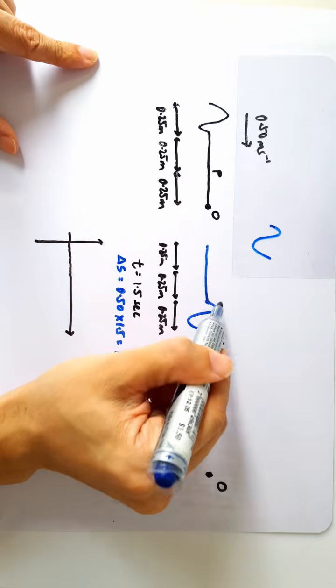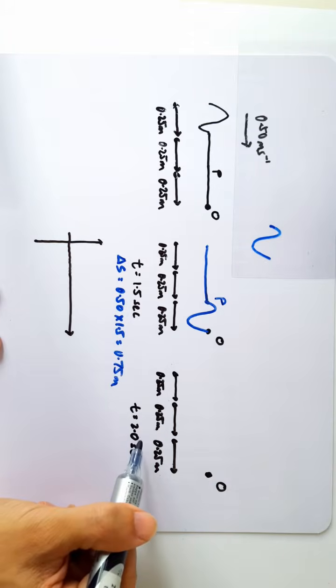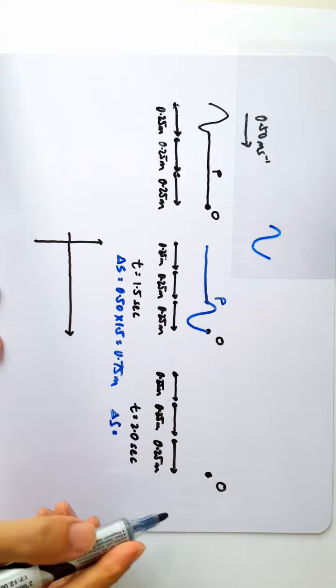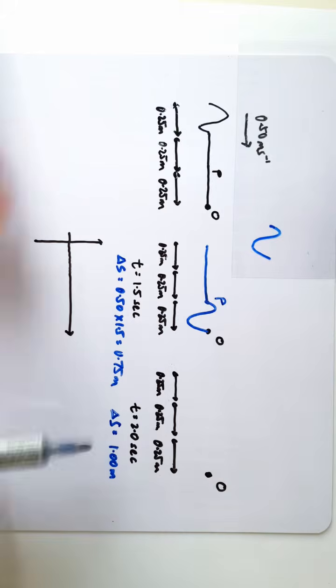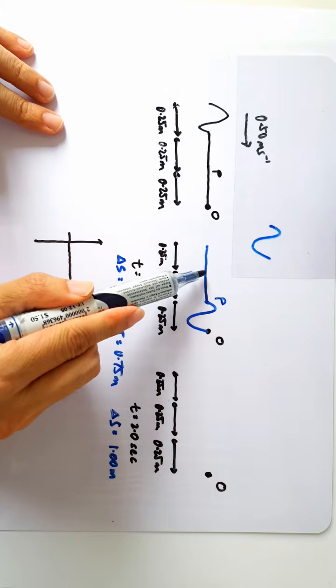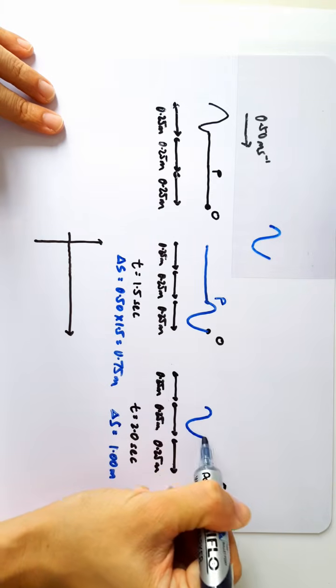That's point P. At time equals 2.0 seconds, it will have progressed yet another 0.25 meters, so it will have progressed by 1 meter. So the wave pulse will be here.